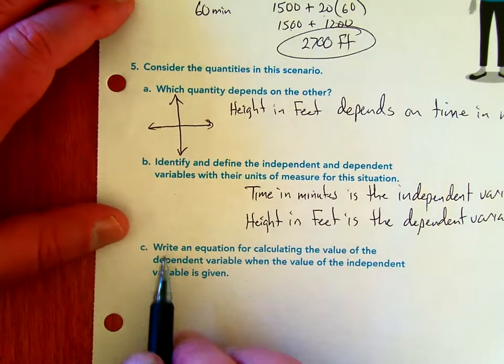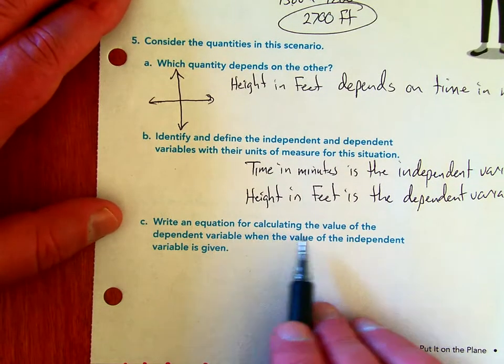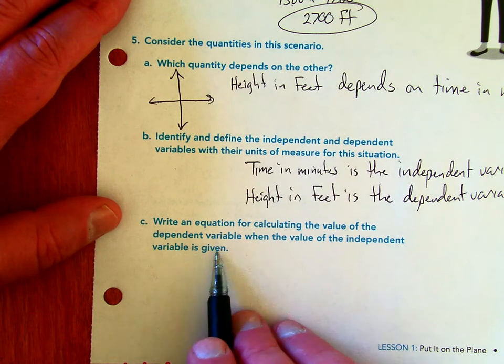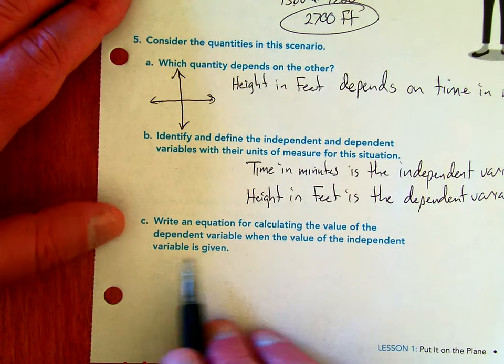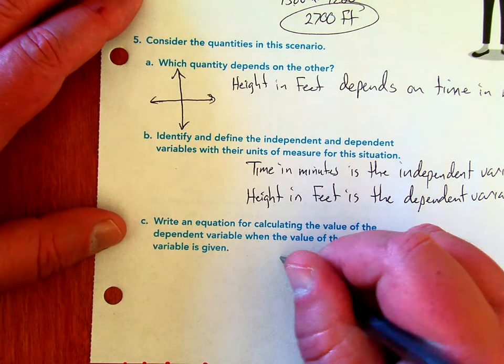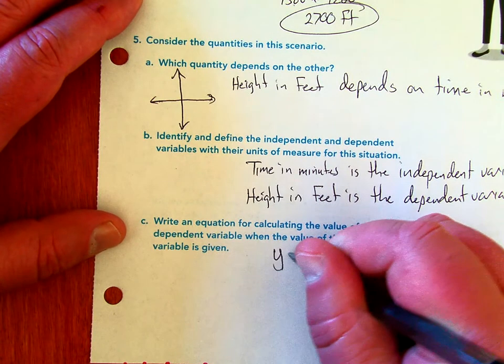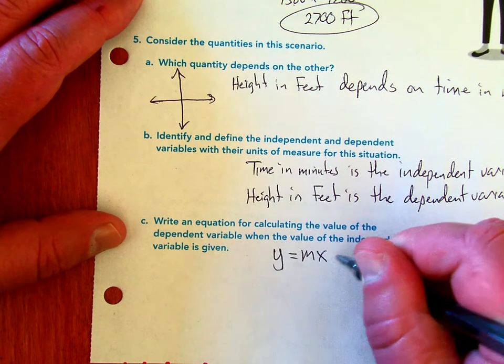Write an equation for calculating the value of the dependent variable when the value of the independent variable is given. Okay, so this is going to be of the form again, y equals mx plus b. M is our rate.